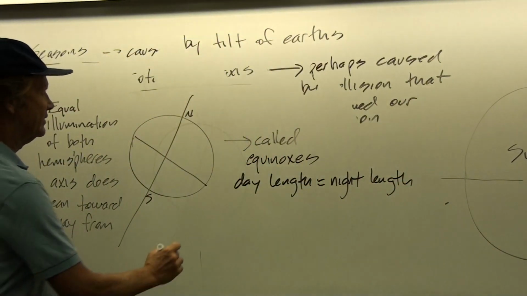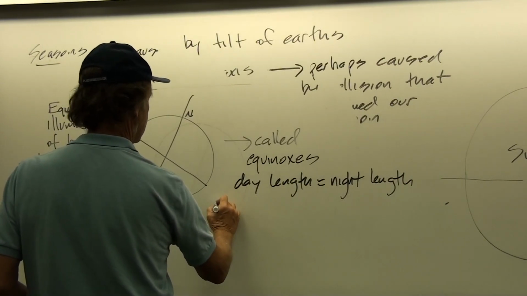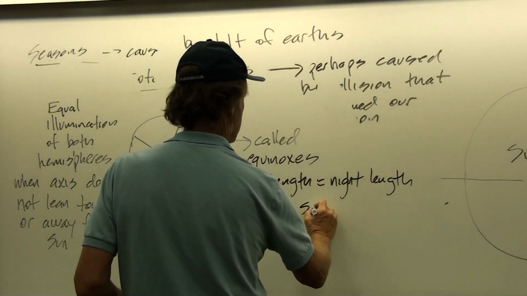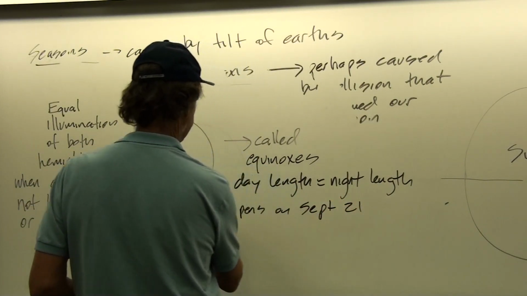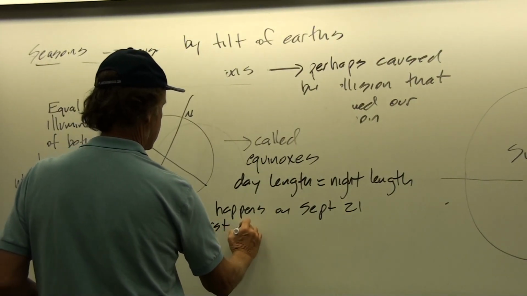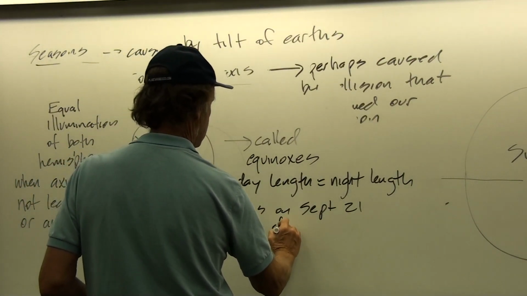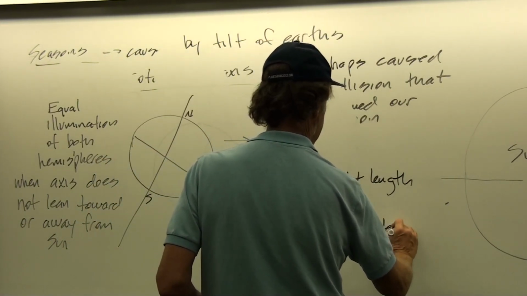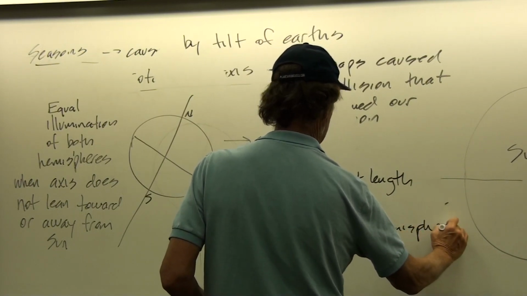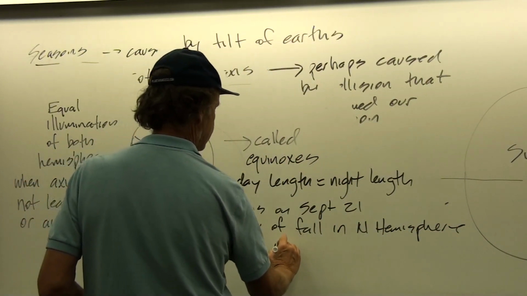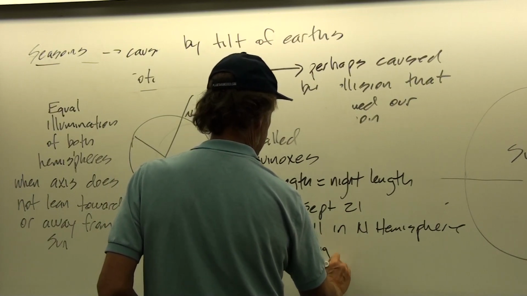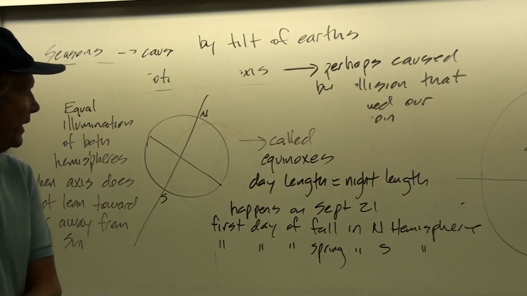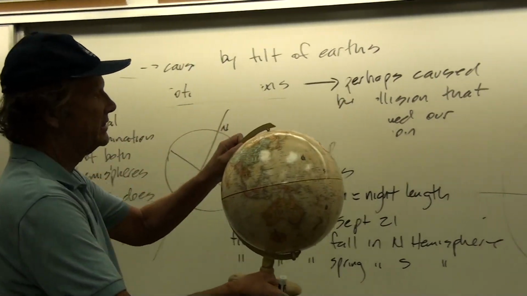So this happens on September 21st. So that's the first day of fall in the northern hemisphere. And the first day of spring in the southern hemisphere. Okay, so that happens when the Earth on its axis gets to this point.